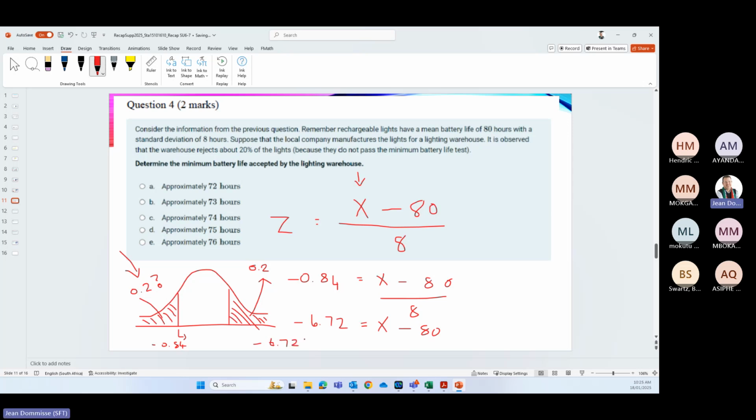That goes over so that we can complete the formula. Plus 80, it's equal to x. So x is equal to, what is 80 minus 6.72?